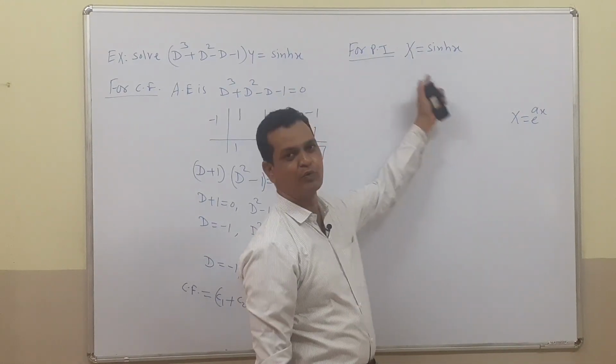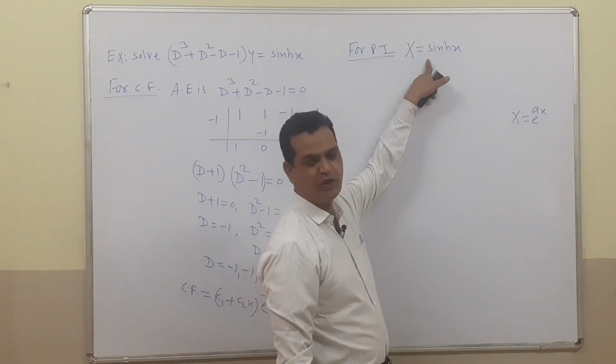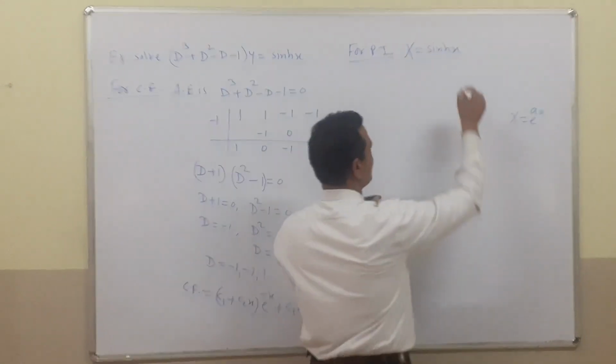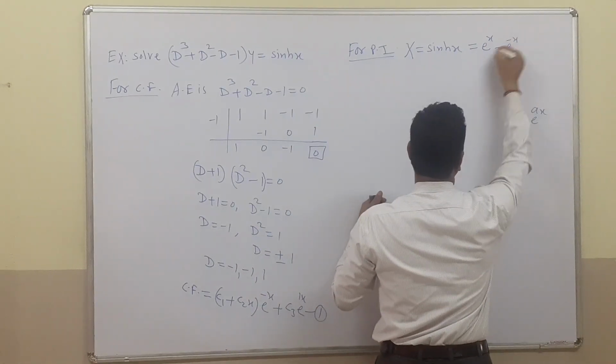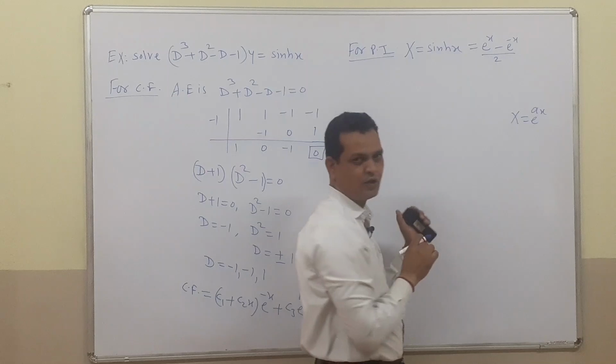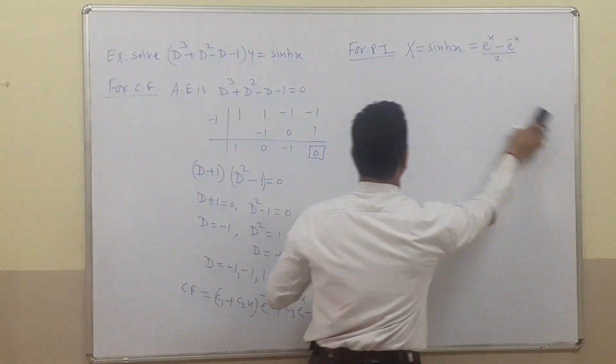But here we are getting a hyperbolic function. So apply a standard result and convert this hyperbolic function in terms of exponential function. We get e raised to x minus e raised to minus x upon 2.